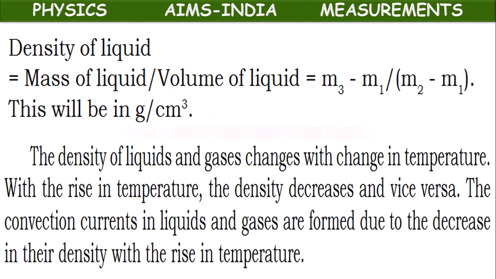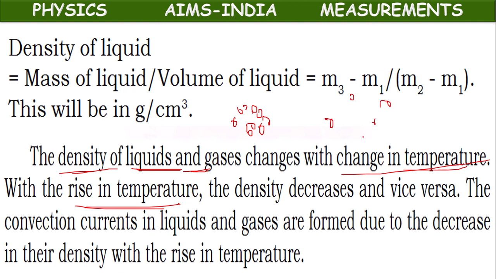Okay, children. Next, the density of liquids and gases changes with the change in temperature. With the rise in temperature, the molecules, which were previously close to each other, will disperse and expand. If they expand, the volume will increase.